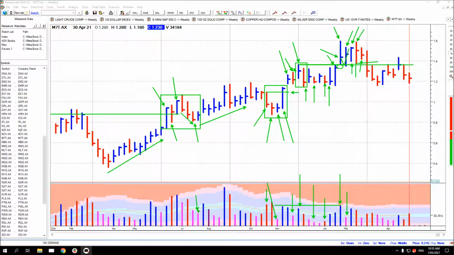You have to be a bit concerned there. For me, someone or some group was selling, taking profits in here, and they were using any demand that was left in the market to sell into. Someone left the market here.